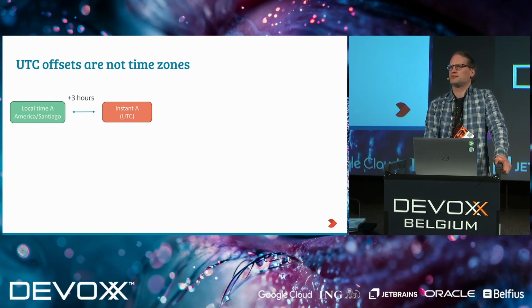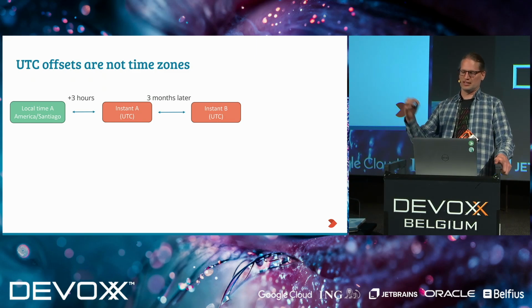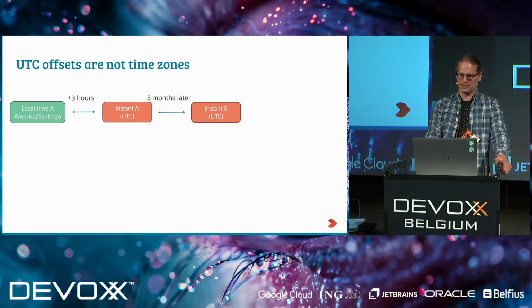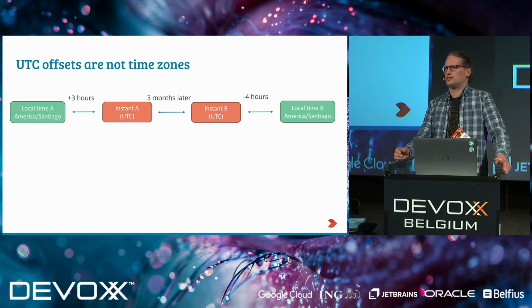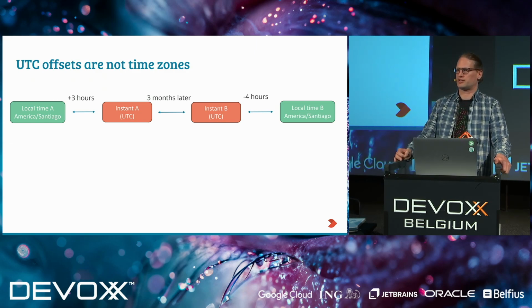And then let's say we have to fix the audit trail by 3 months. So we add 3 months, and we have another UTC instant. And that calculation is easy, if you use the right library. And then we've arrived in wintertime in Chile, but that's okay. So now to go back to the local time, we know we have to subtract 4 hours.